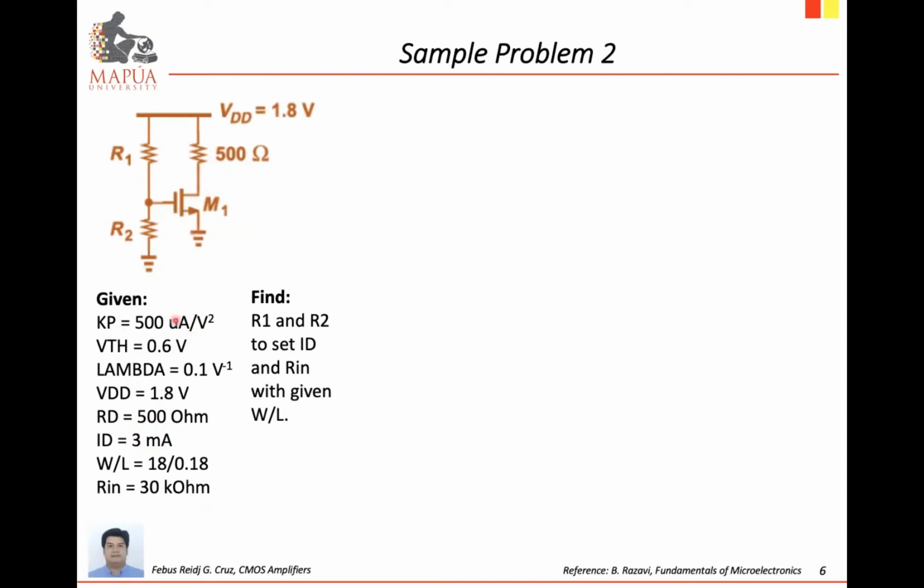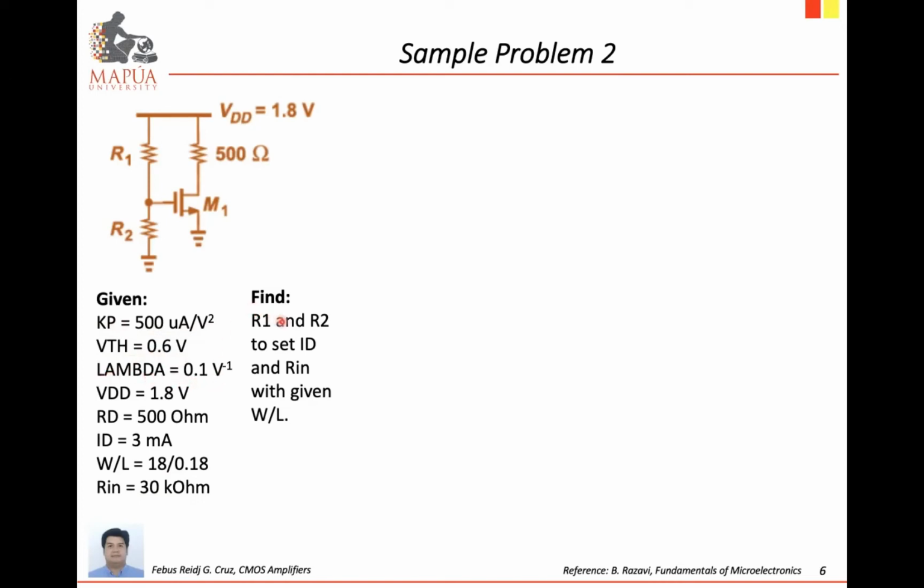Transistor size W over L is 18 over 0.18, and the input resistance is said to be 30 kilo ohms. Then transistor parameter Kp is 500 microampere per volt squared, VTH or threshold voltage 0.6 volts, and channel length modulation lambda 0.1 per volt.